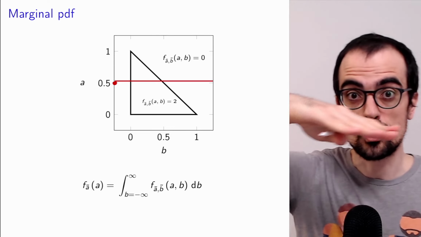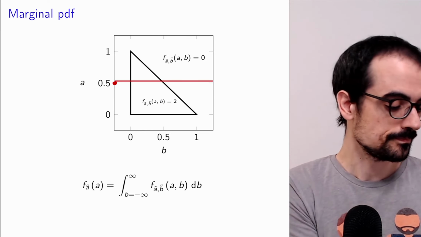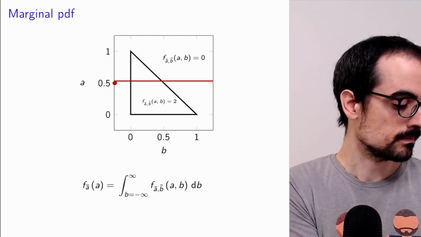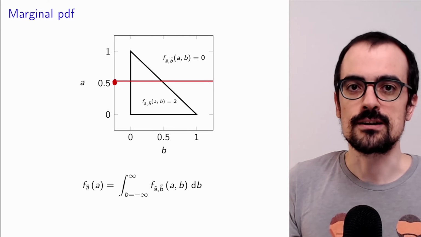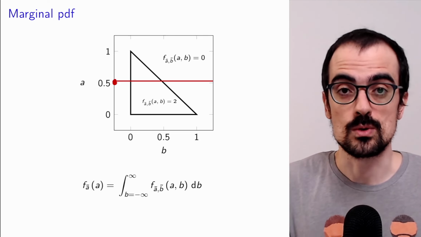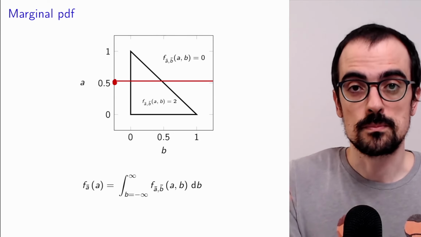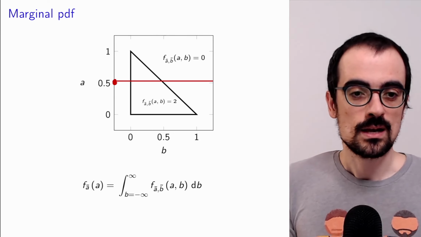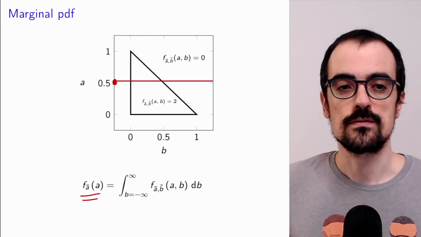And when we integrate over that line, that's going to give us the 1D density at this point. This is what we derived. And again, it's a direct generalization to the continuous case of our discrete result where we were summing the joint PMF over one variable to obtain the marginal PMF. When we do this, we call this the marginal density of the random variable.